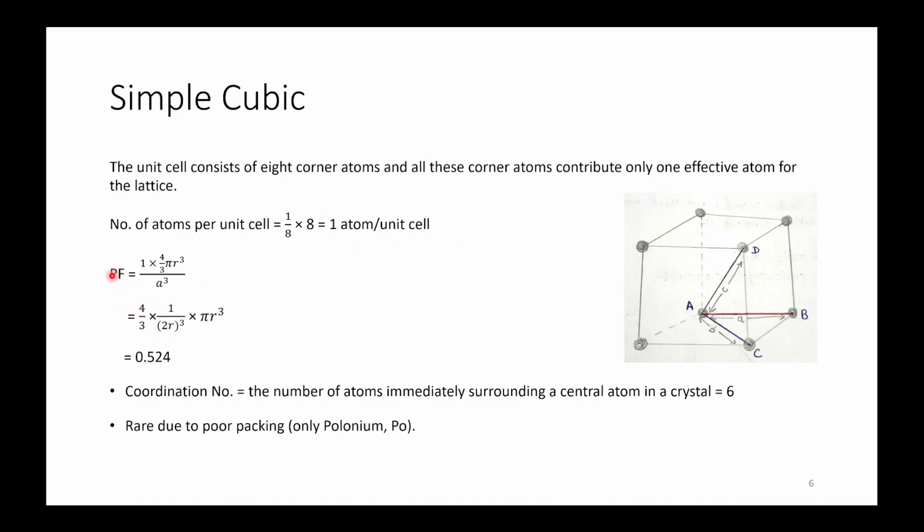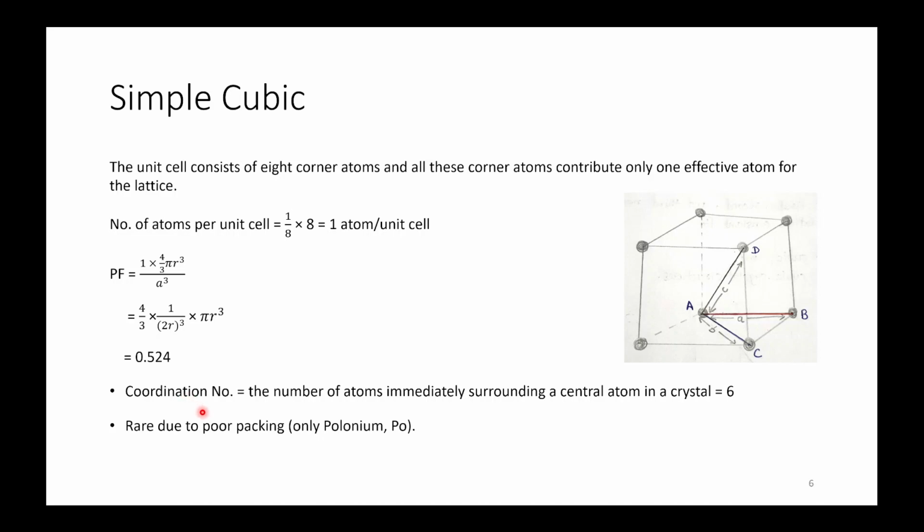For packing fraction, you take the volume of atoms inside the unit cell divided by the entire volume of the unit cell. As the atom is considered spherical, its volume is 4/3 pi r cubed, where r is the radius of the atom. For the cube, a is the lattice parameter a. In simple cubic, a equals 2r. It gives a packing fraction of 52.4%.